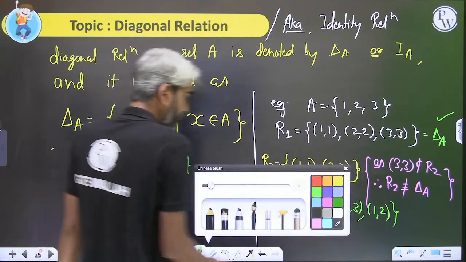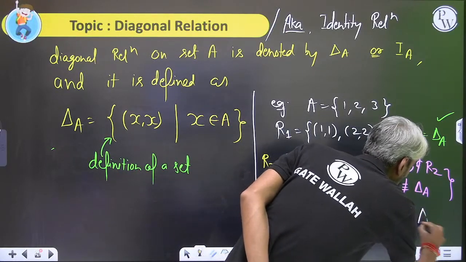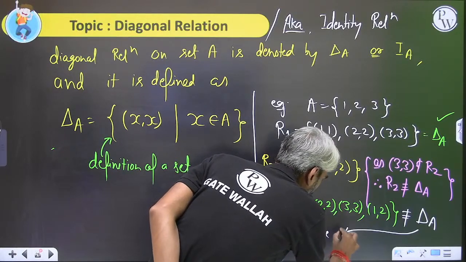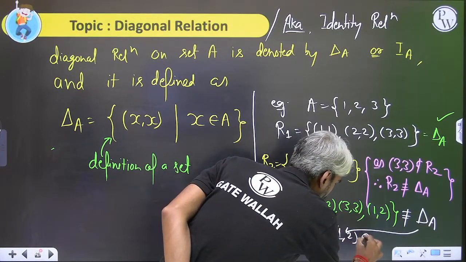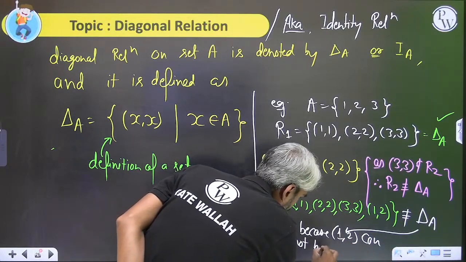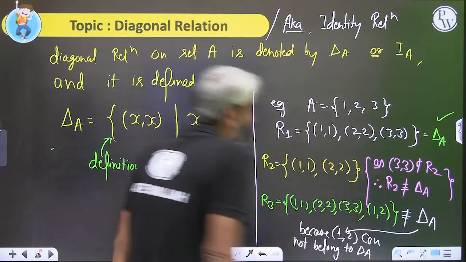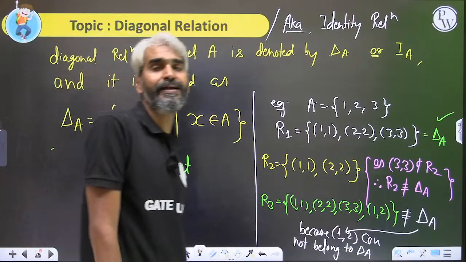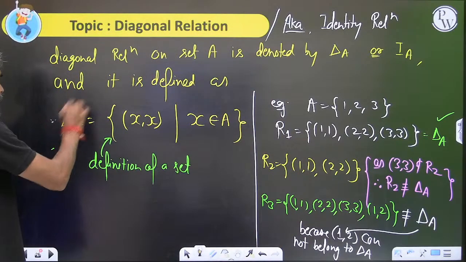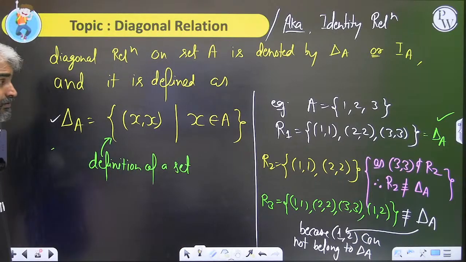It is not equal to delta A, because (1,2) cannot belong to delta A. So only and all the diagonal ordered pairs must be present in the relation for it to be called a diagonal relation on set A.